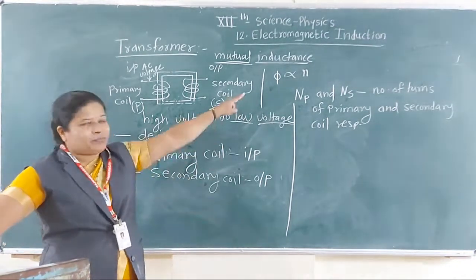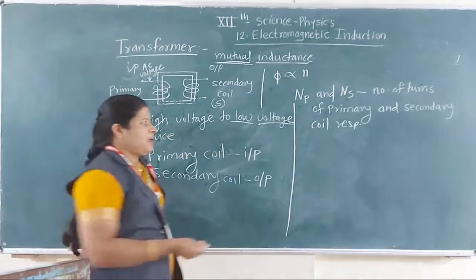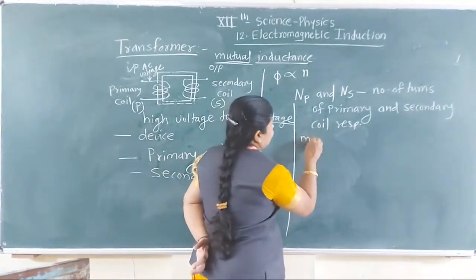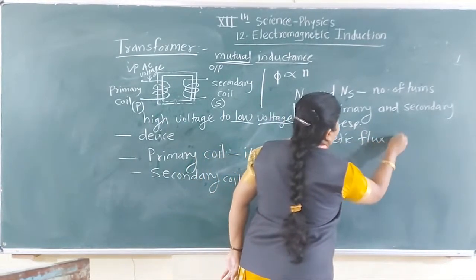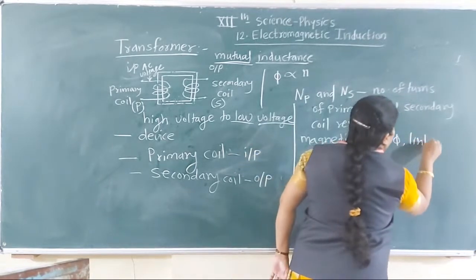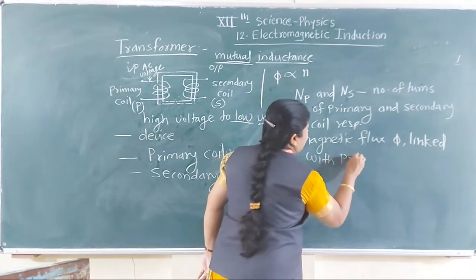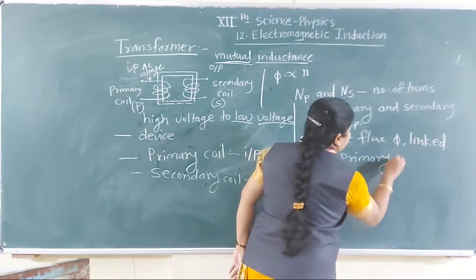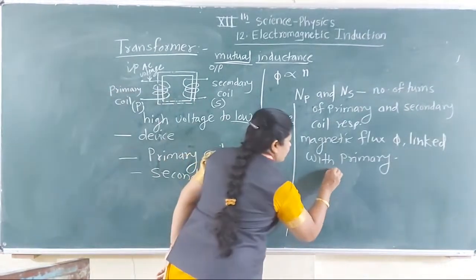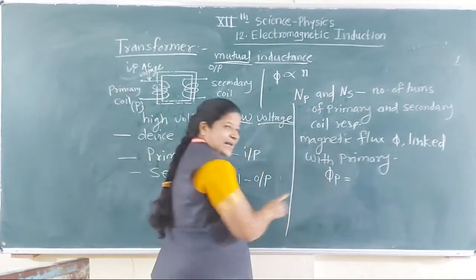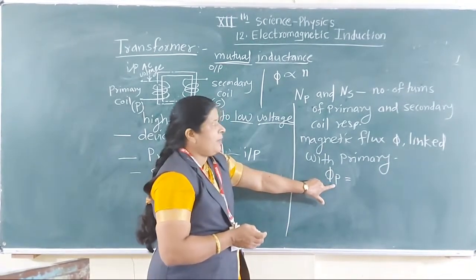The magnetic flux phi linked with the primary coil, we denote it as phi p.